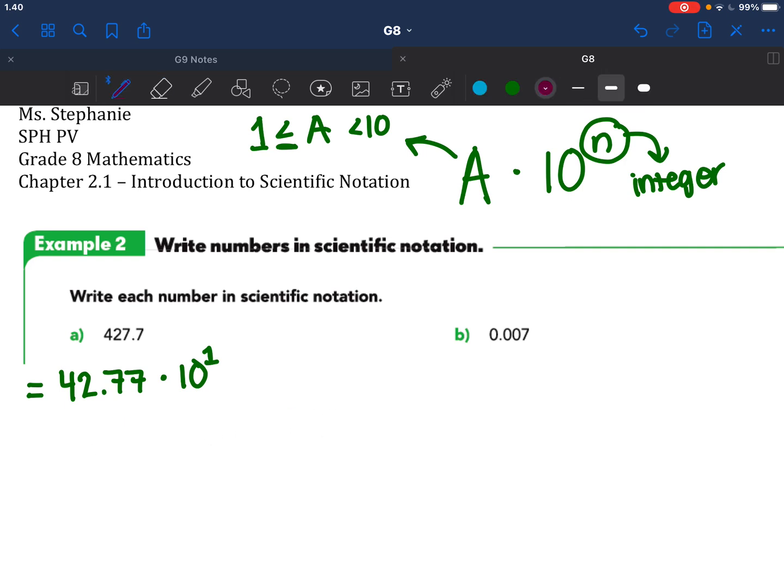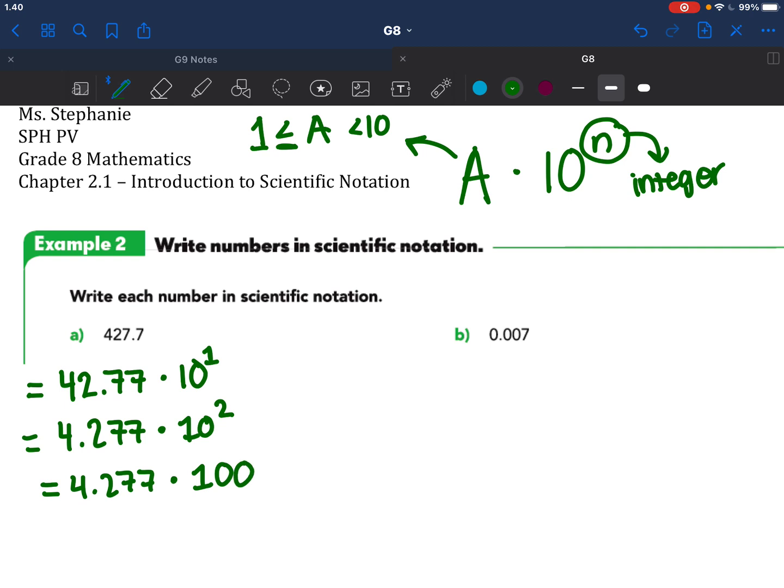Alright. So right now, this is not in scientific notation because the coefficient is above 10. So let's move the decimal one more time to the left here. Okay. So it becomes 4.277. Since we moved it to the left once, we're going to increase the exponent to become 2. Again, this is the same thing as saying 4.277 times 100.